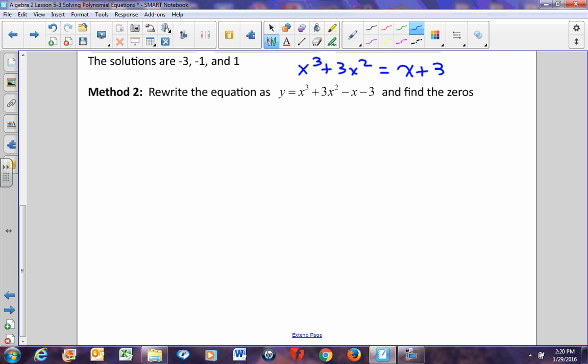All we have to do is move everything to the left side, and you get x cubed plus 3x squared minus x minus 3. Graph that and find the zeros, which will be the same exact thing that you just found: -3, -1, and 1. So graphing makes it somewhat simpler.